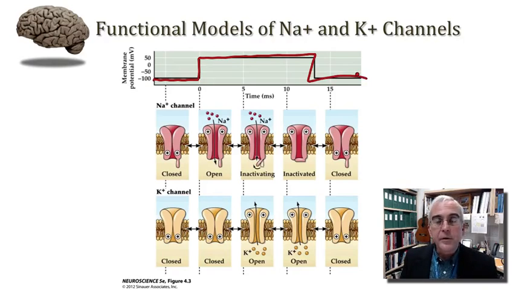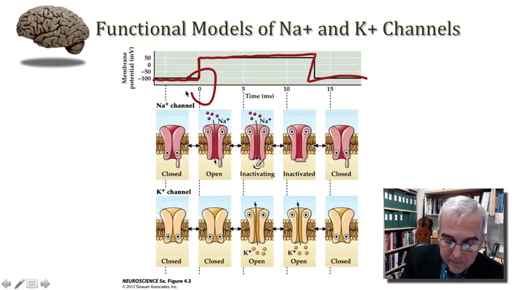And rather than showing you the action potential or the voltage and time-dependent changes in conductance, I want to show you our current understanding of what's happening at the level of the integral membrane proteins that constitute permeability channels for sodium and potassium. So let's step through this figure in time, and let's look at what happens at the onset of depolarization. So that would be time 0 when we first depolarize.